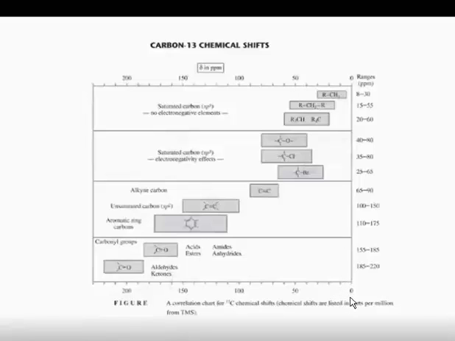Typically for C13 it runs from 0 to over 200, say 250 parts per million, whereas for the proton the range runs from 0 to around 12, most commonly between 0 and 8. So for C13 the ppm range is much broader.